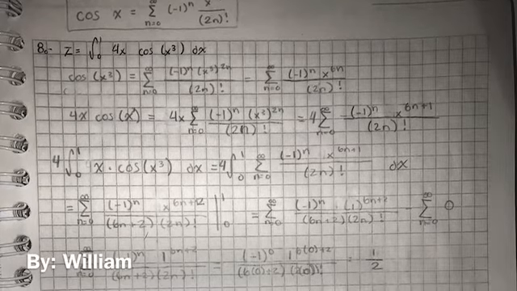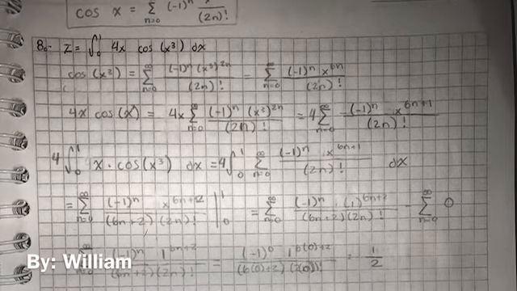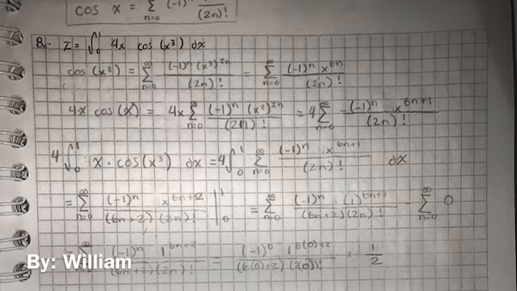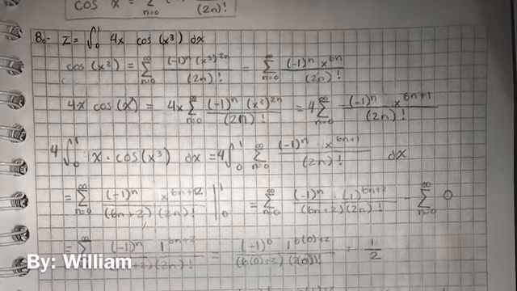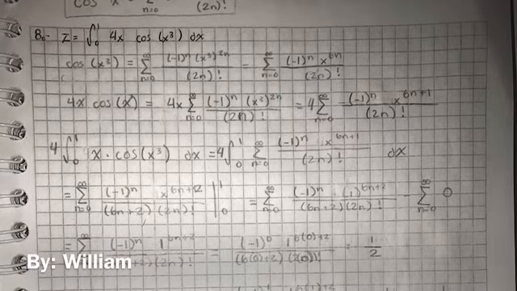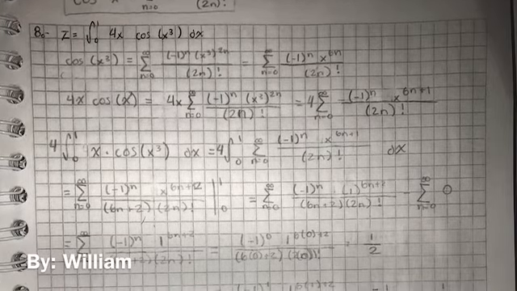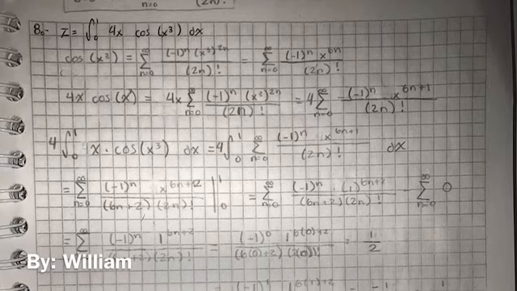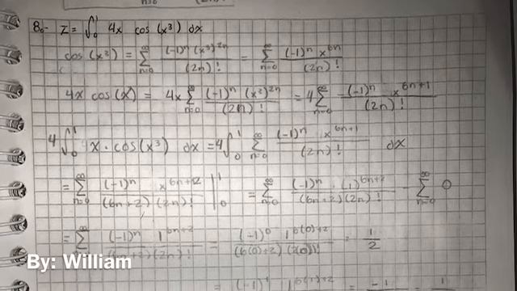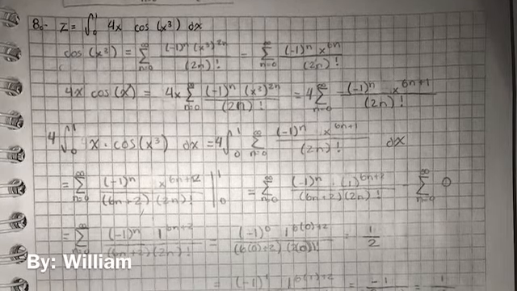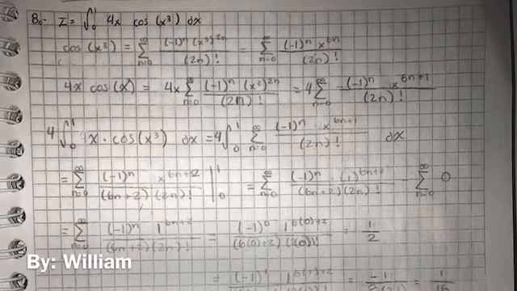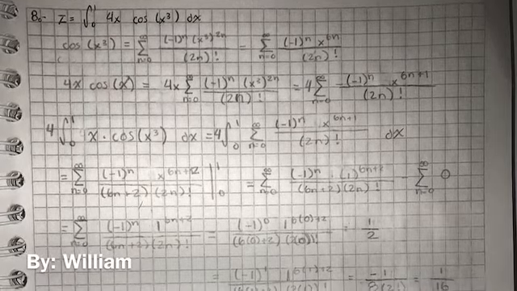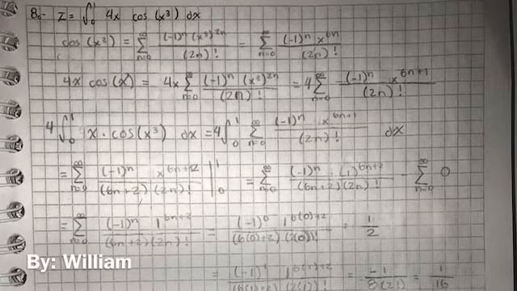That will give us the sum from n equals 0 to infinity of minus 1 to the n times x cubed to the 2n over 2n factorial, which is the sum from n equals 0 to infinity of minus 1 to the n times x to the 6n over 2n factorial.